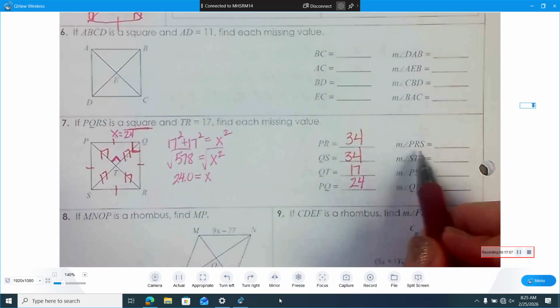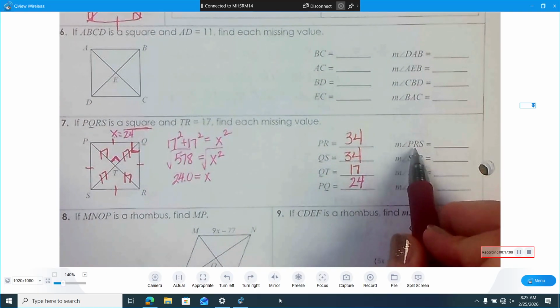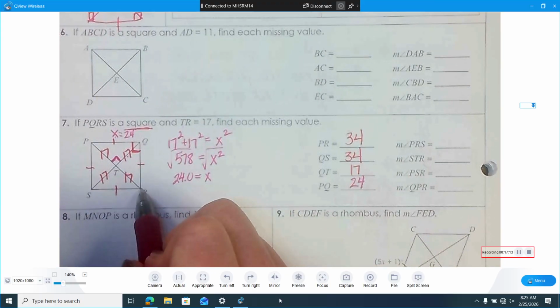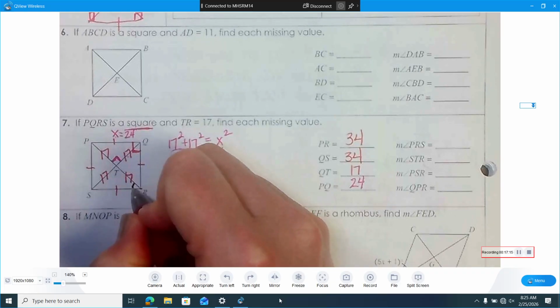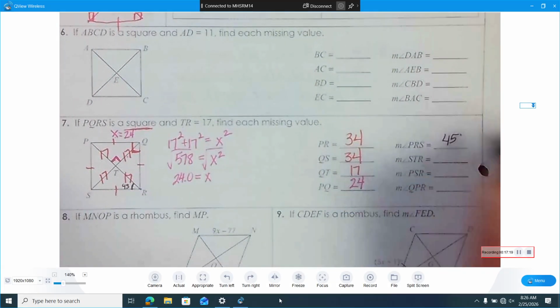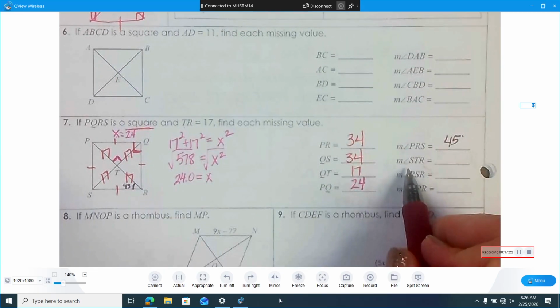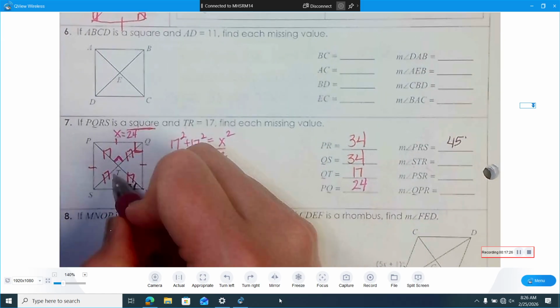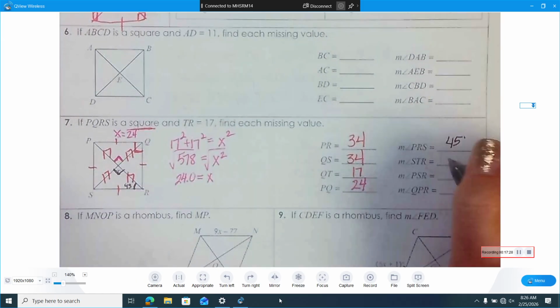All right, let's look at angles. The measure of angle PRS. PRS is this little angle. What is it? 45, yes. The measure of angle STR is right here, 90, yes.